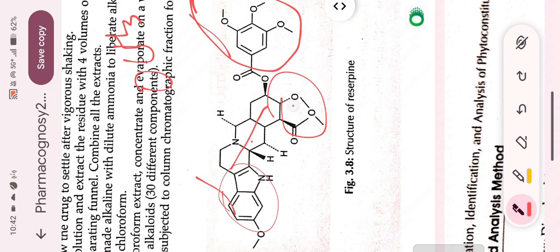How can we remember? I think you can remember this one and this one. These two things are quite complex, right? So we will see. Like this one we will draw. And we'll write N over there, and the rest of the things are H, H, H. The other thing is here.